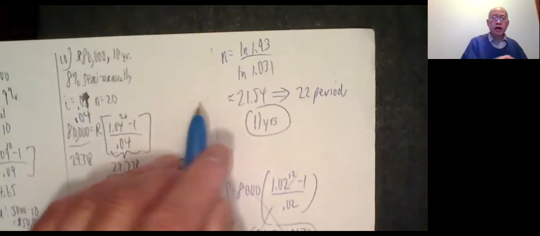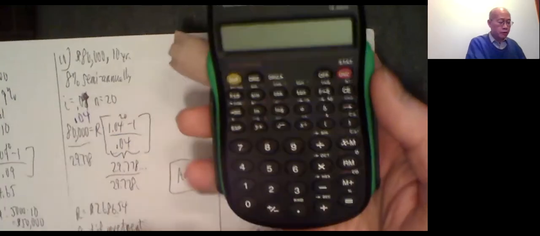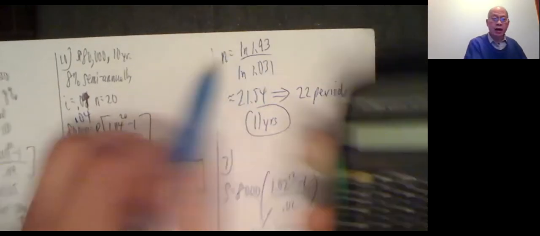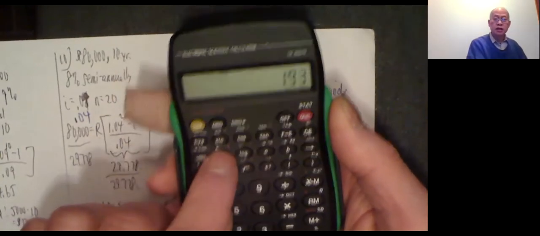And I'll show it to you for this calculator. You folks have to go backwards if you just have an ordinary calculator. So just experiment on your calculator. You would have to go 1.93, and then hit ln, which is here.